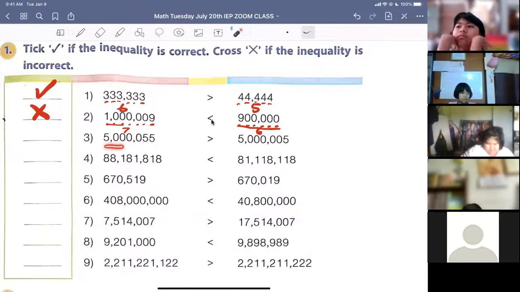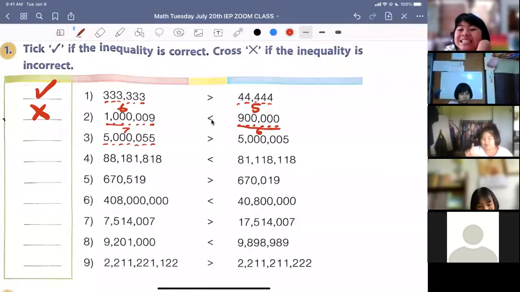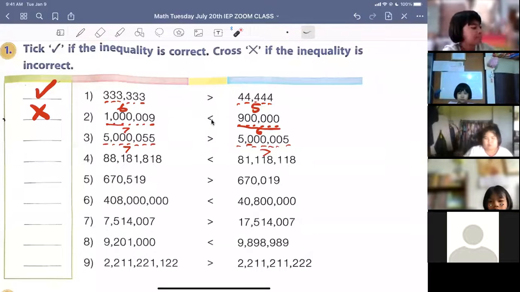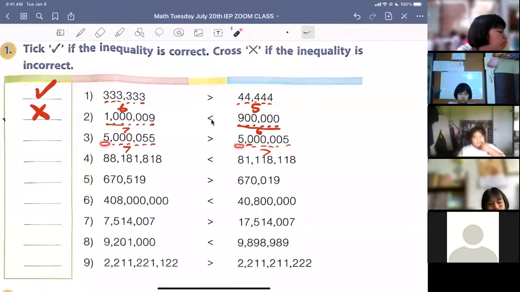Number 3. We're going to write 5,055,055 compared to 5,000,005. We see 5 million. How many digits do we see? 1, 2, 3, 4, 5, 6, 7, and 7. Same. So we look at the 5 million. Same. 0, 0.